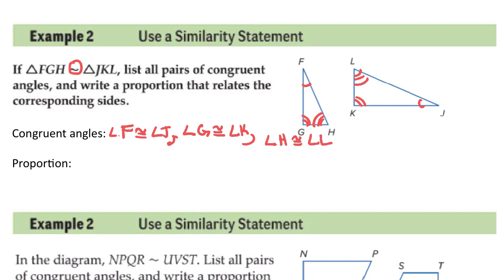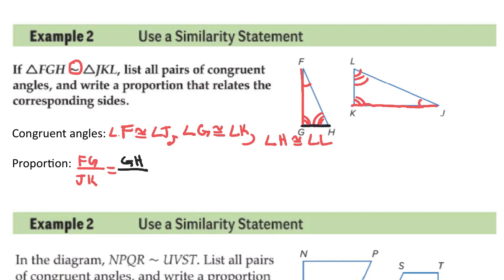How about the proportions? Well, FG is to, well, from F to G went from single tick to double tick angles. So from single tick to double tick angles, that's JK. And that all has to be proportional. Let's see, GH is proportional.